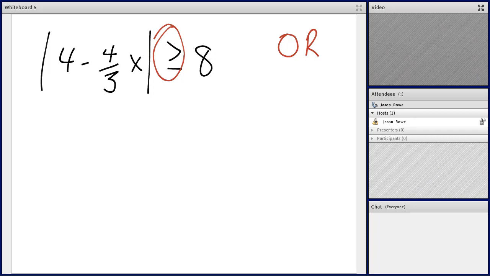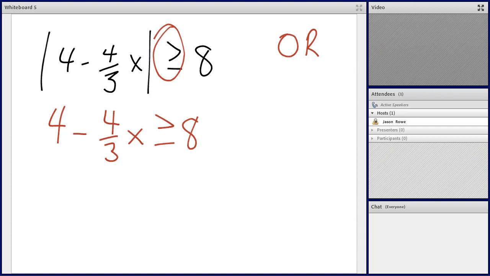So after we get to this point, we know it's an or statement. So we're going to write both of our absolute value inequalities. First one, and remember all we do here, the first one is written just like it is given, except we take the absolute value away.